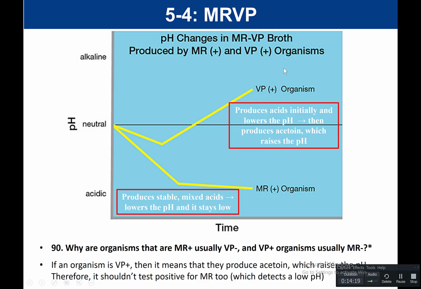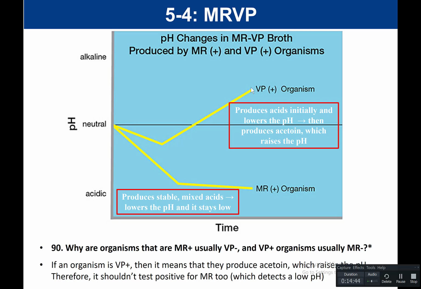VP positive organisms will produce acids initially, which lowers the pH, but then will convert to acetoin, which will then raise the pH, and then the VP reagents can detect the presence of the acetoin. And you want to understand question number 90 that was in the question set.